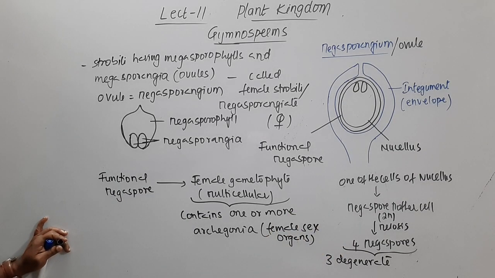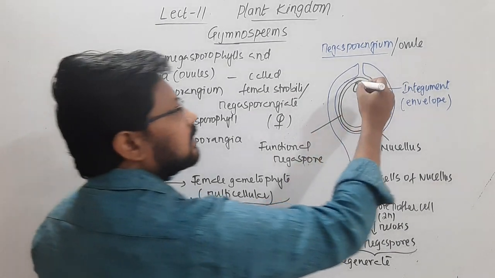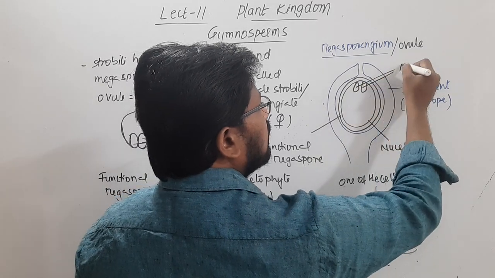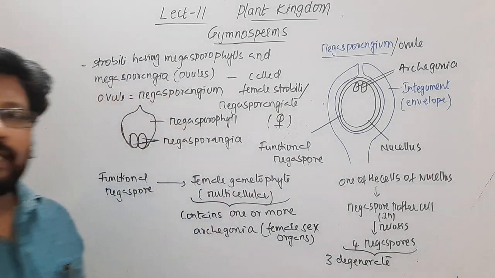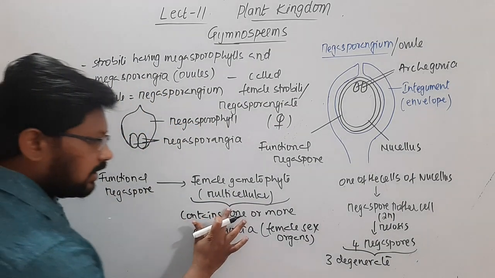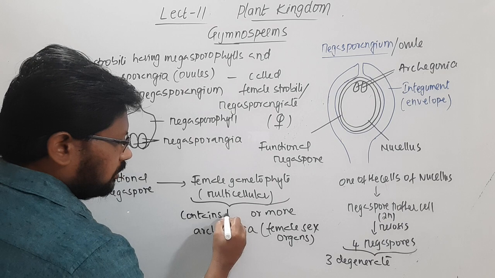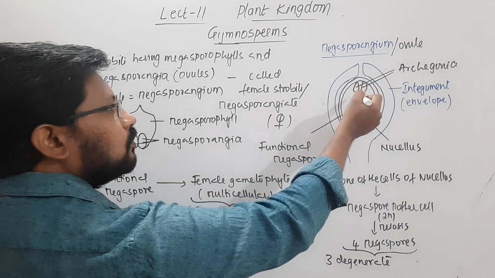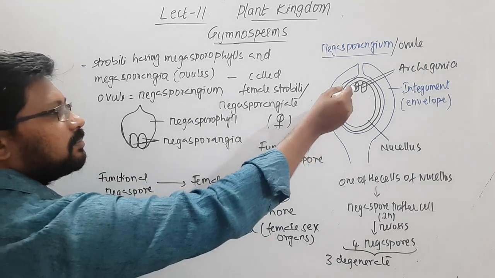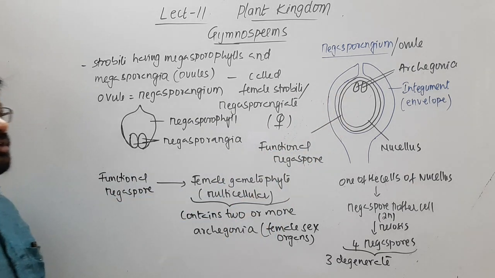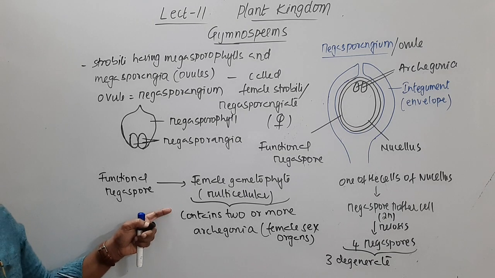I'm sorry, here I need to mention two or more archegonia. There are two or more archegonia present inside the female gametophyte.